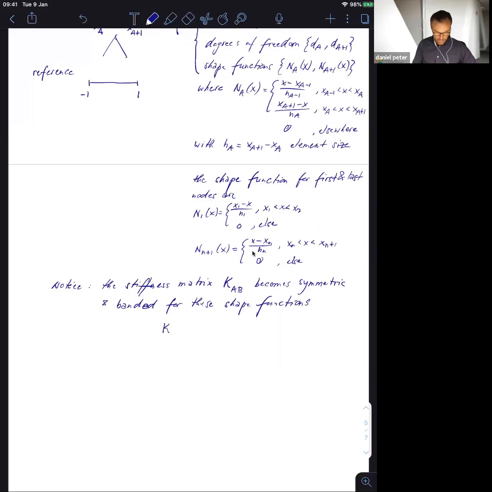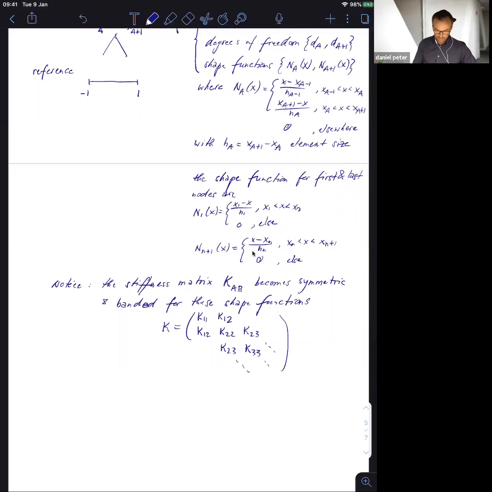So K would look something like K11, K12, then K12 being symmetric, K22, then K23, K33, and so on. Everywhere else it would be 0. There's only this banded stiffness matrix.